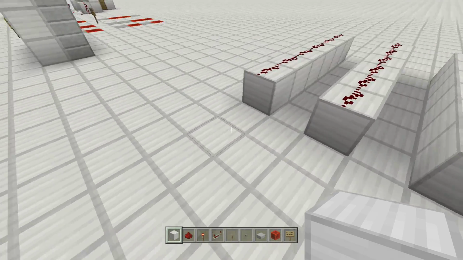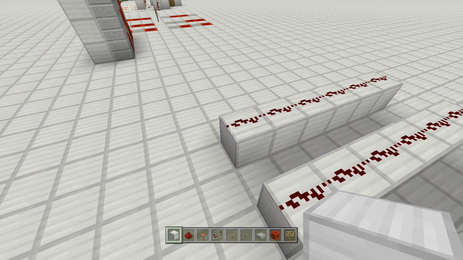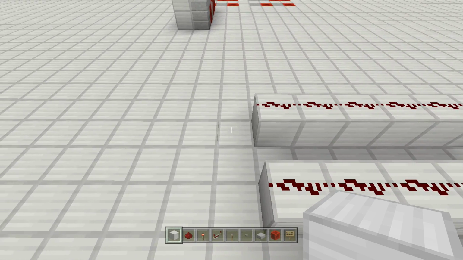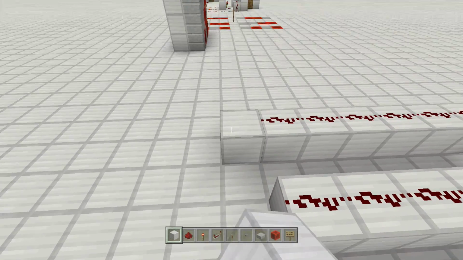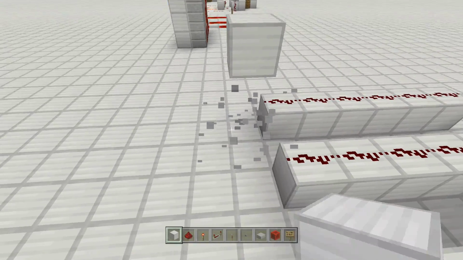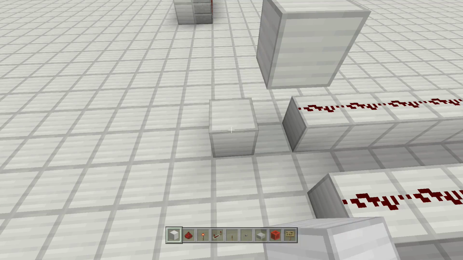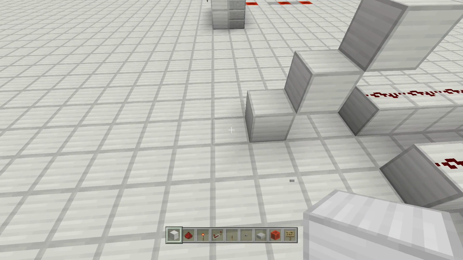So I'll put it very close. I'll actually raise my wires as I do this, but it doesn't matter. So I'll just put the output over here, I guess, and this would work like that.